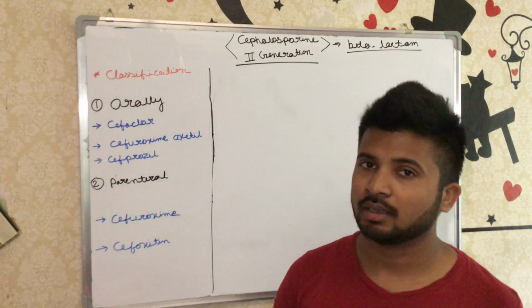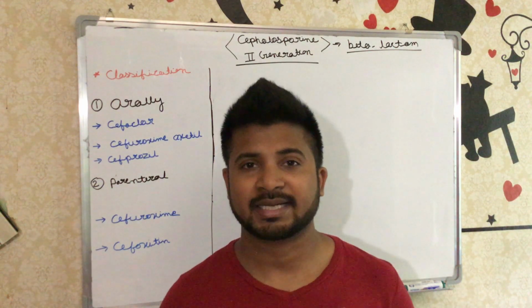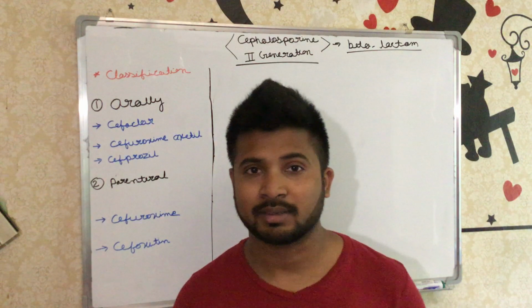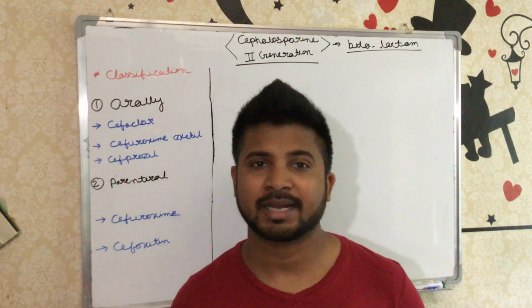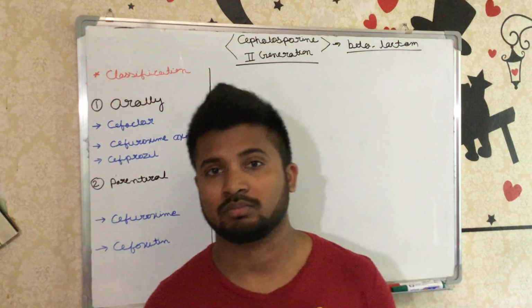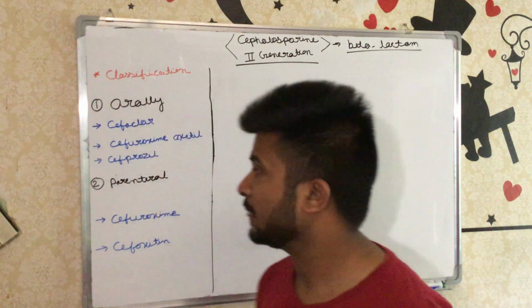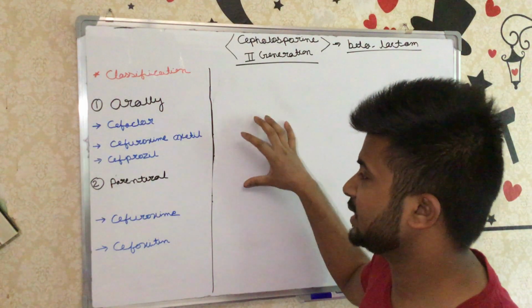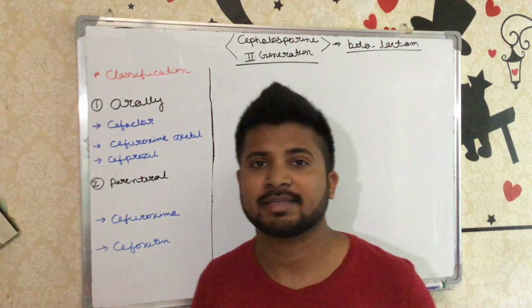These bacteria already synthesize the beta lactamase enzyme, which we can also call penicillinase, but more correctly it is beta lactamase, or cephalosporinase. So all these bacteria secrete or synthesize this enzyme.